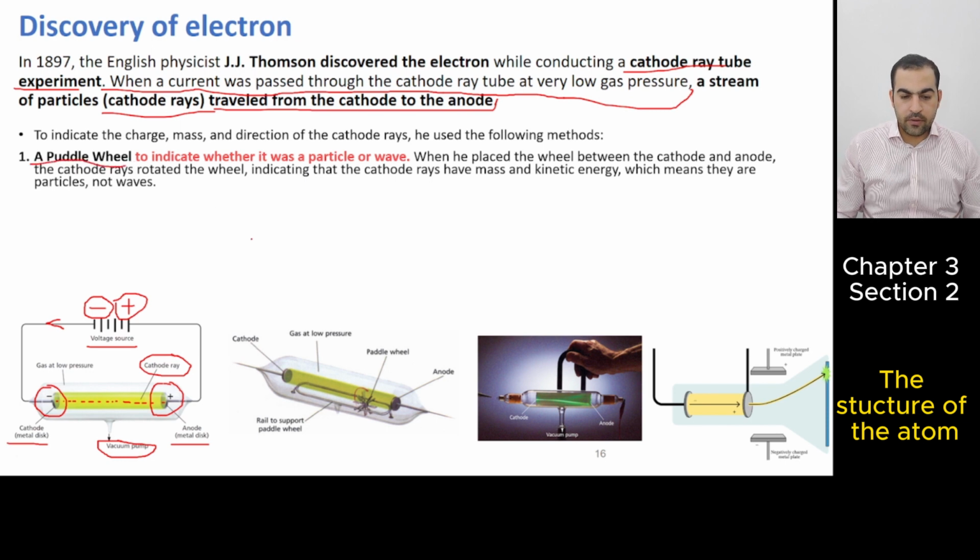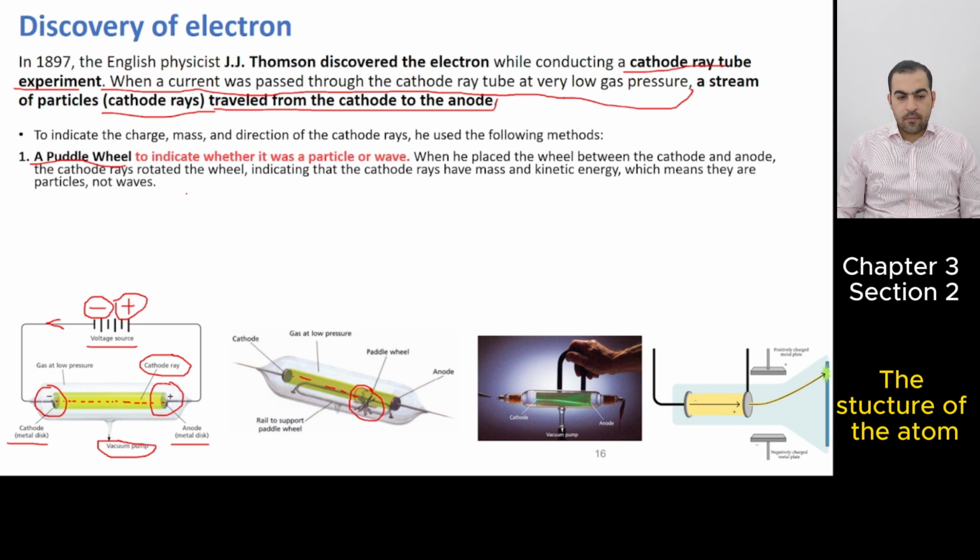Look at this diagram. This is the wheel that he put between the cathode and the anode. When he put it there, the wheel was rotated by the cathode rays.